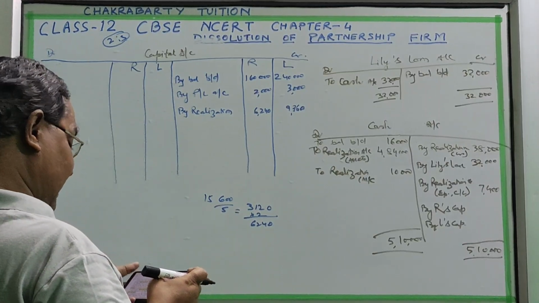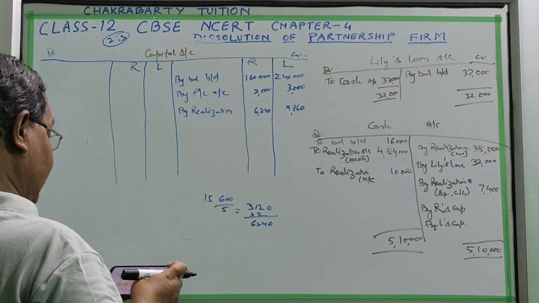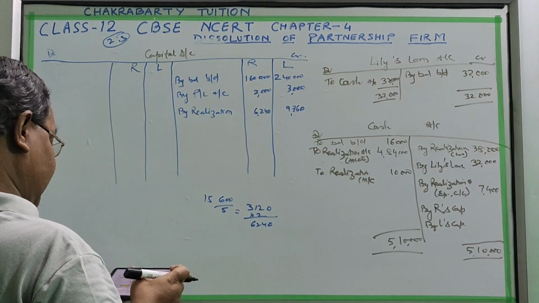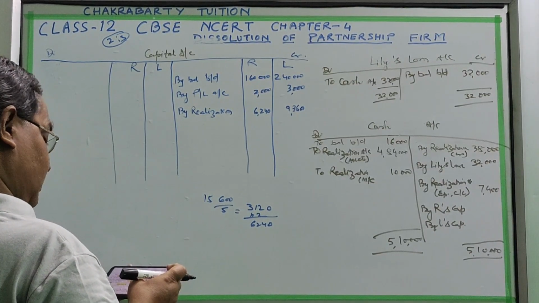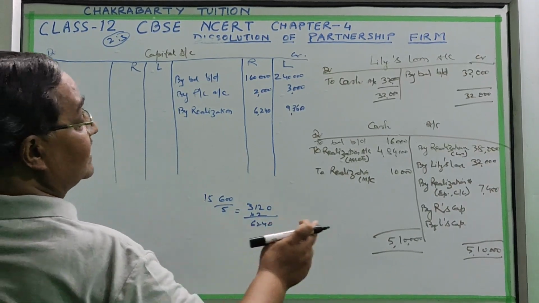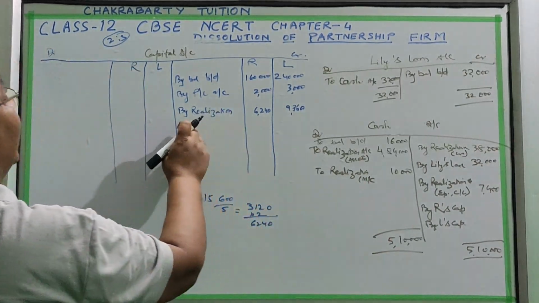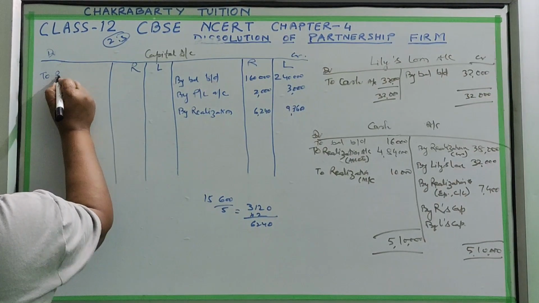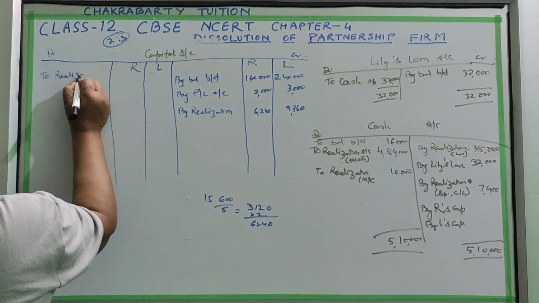Okay. Now creditors, bank, cost of realization, motorcycle was sent, contingent was paid, BR was taken. So bills receivable was taken by Mr. Rose. So Rose account will be debited to realization account.